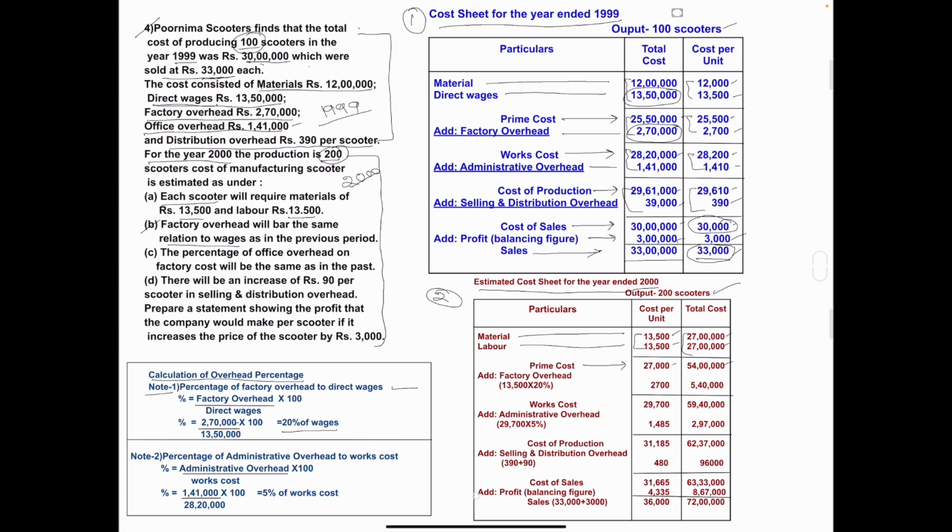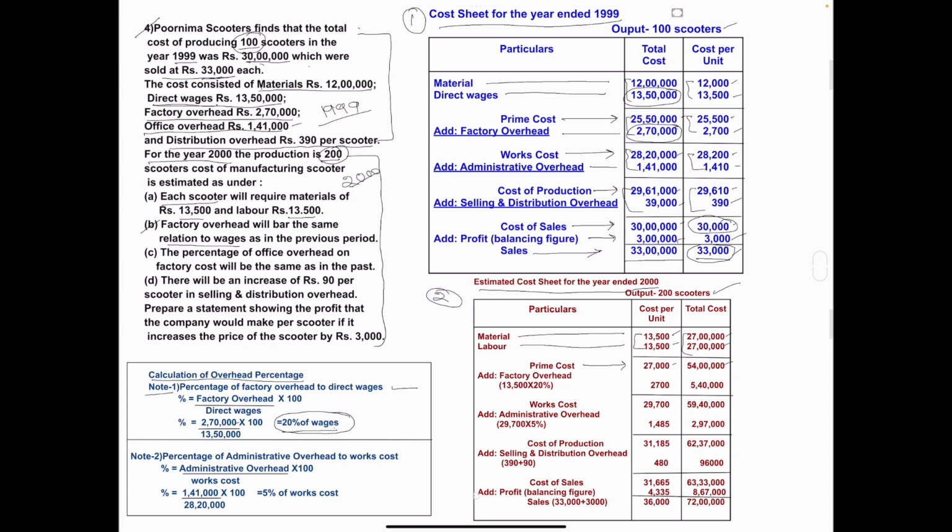That we have to write, 20% of wages. Means in this estimated cost sheet we will take factory overhead amount as 20% of direct wages. So in this estimated cost sheet, whatever the direct wages amount is there, of that 20% we will take as factory overhead.